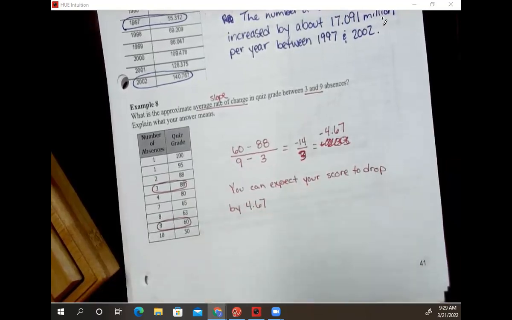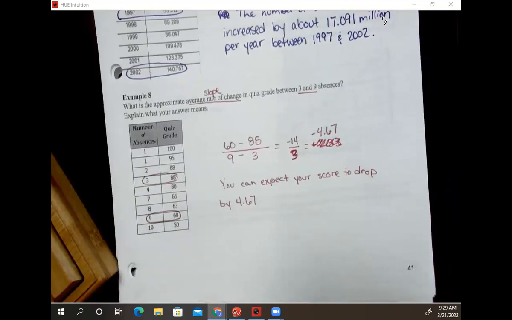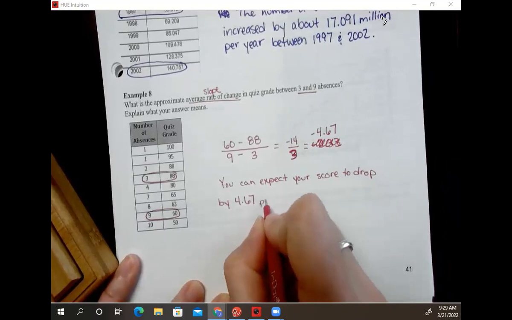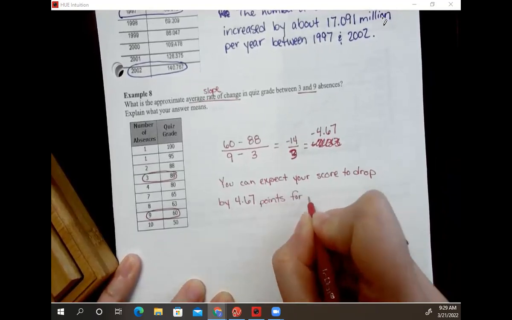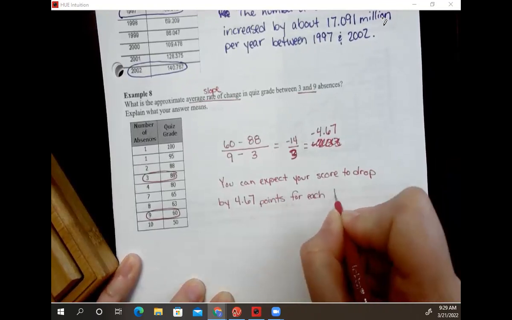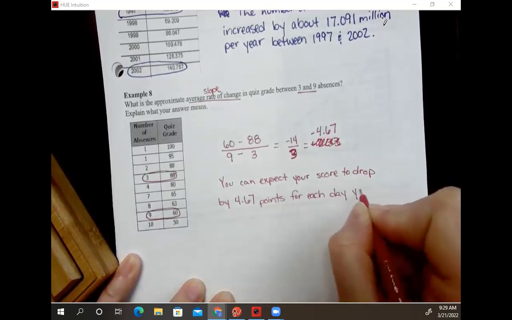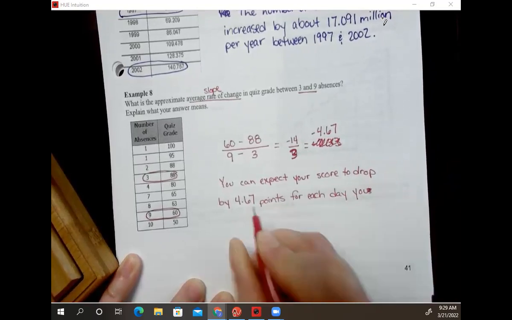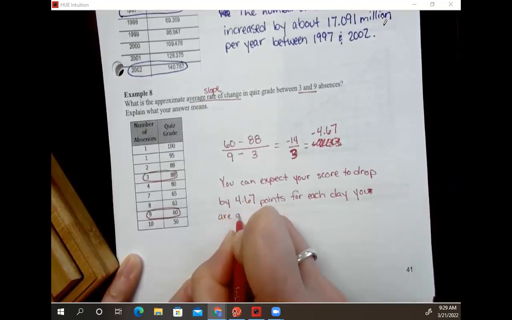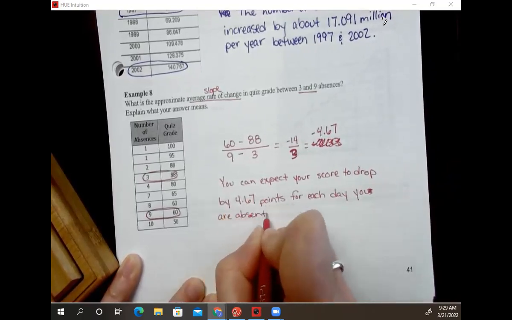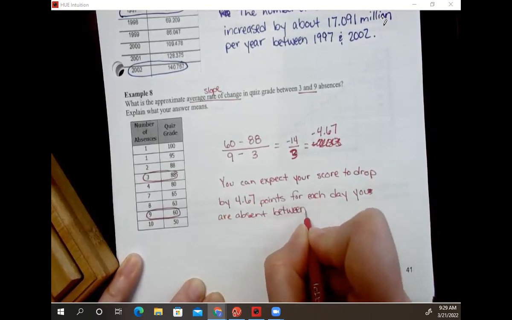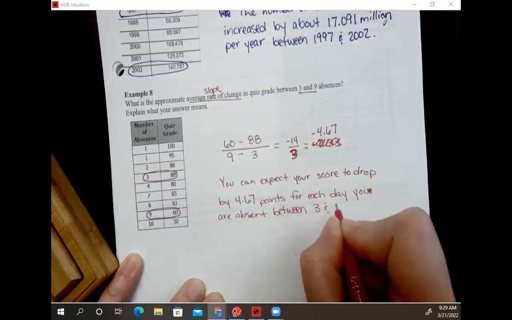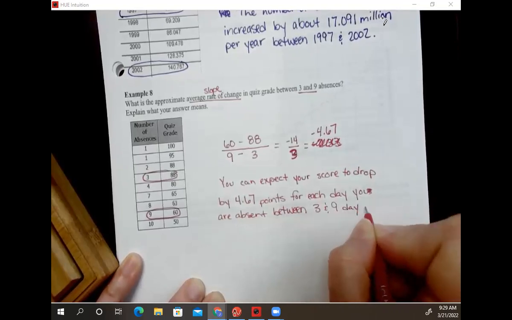If this were a positive number, I would say my score would go up. You can expect your score to drop by 4.67 points for each day you are absent between 3 and 9 days.